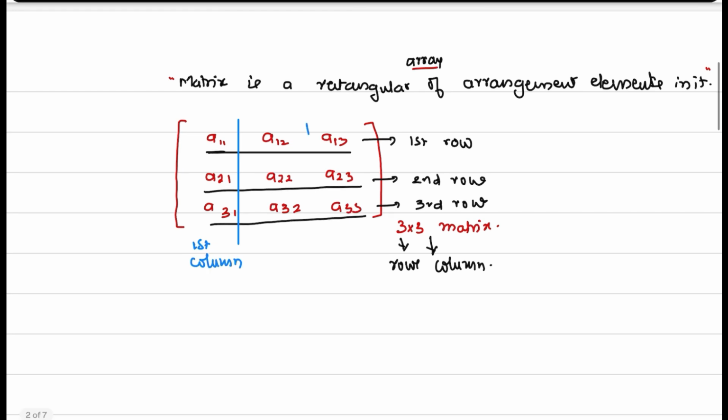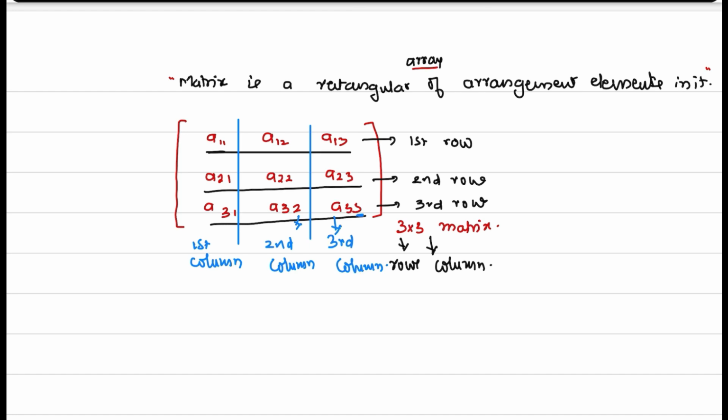Here in this, second suffix is 2, hence second column. And here second suffix is 3, hence it is third column. Now, I want a number or an element which is in the second row and third column.